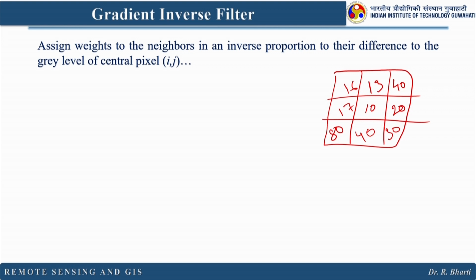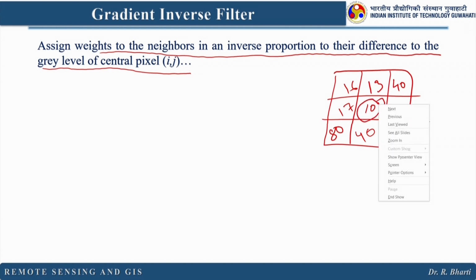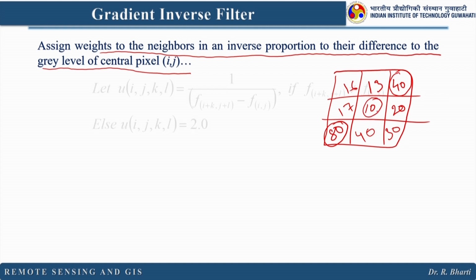So here, how do we assign the weightage? It assigns weightage to the neighbors inversely proportional to their difference in gray level from the central pixel. So here more weightage will be assigned to the values which are closer to this central pixel value, right, and less weightage to all those values which are very different from the central pixel, right.